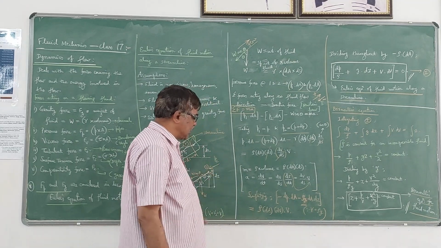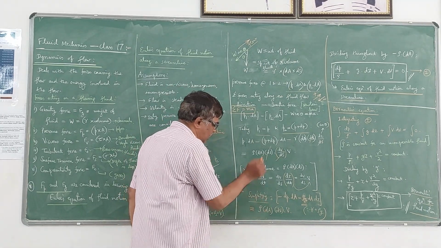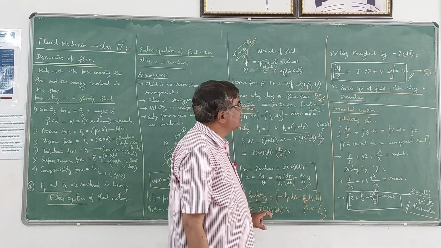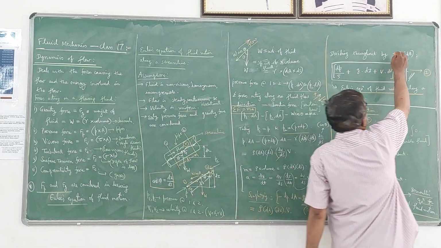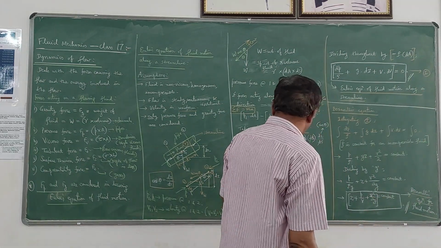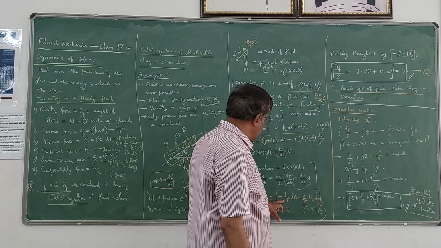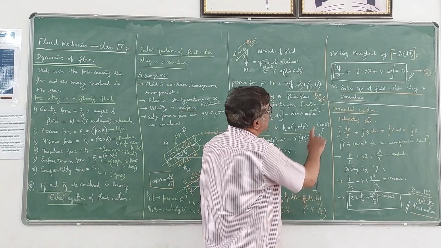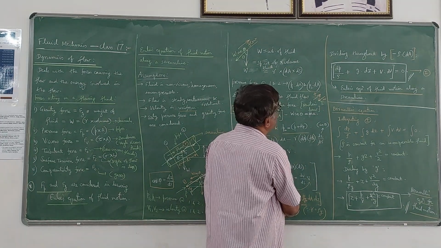Now, to get the standard form of Euler's equation, I have divided both sides of this equation by minus rho into dA. You should be careful here, minus rho into dA. If you divide by minus rho into dA, the first term, minus divided by minus becomes plus, you will get dP by rho.